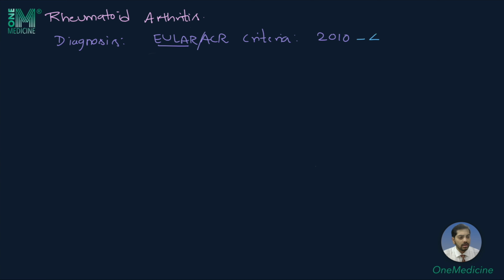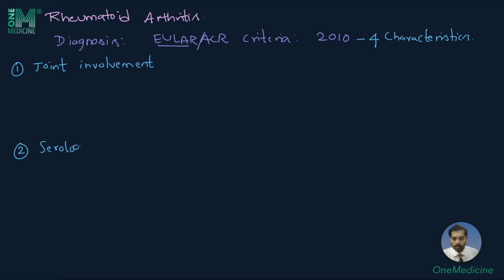Under this criteria, 4 characteristics are studied. The first one is joint involvement. The second is serology. The third being acute phase reactants. And a fourth, that is chronicity.